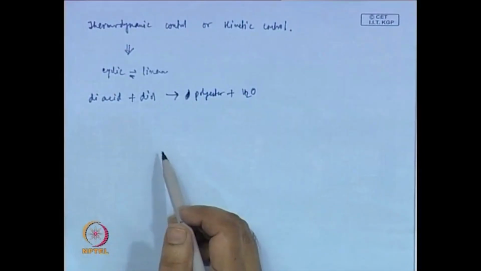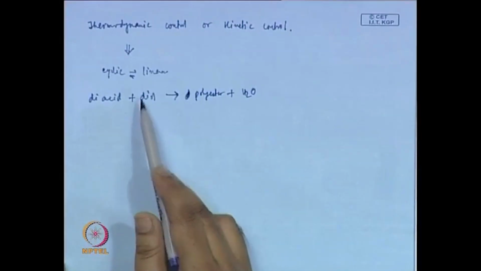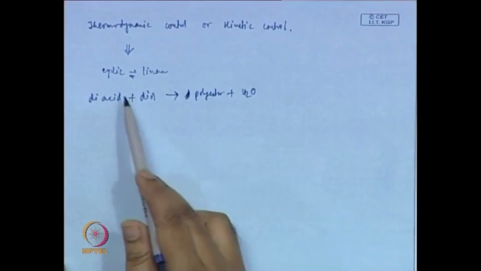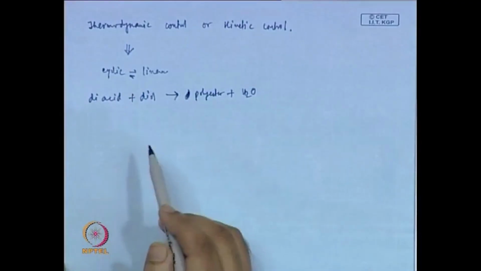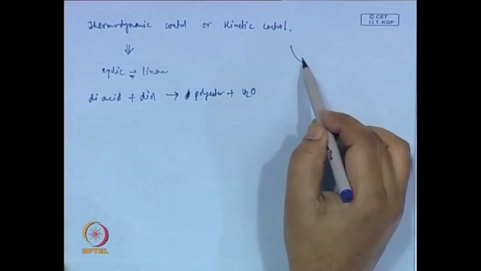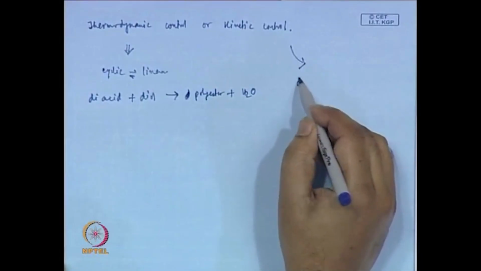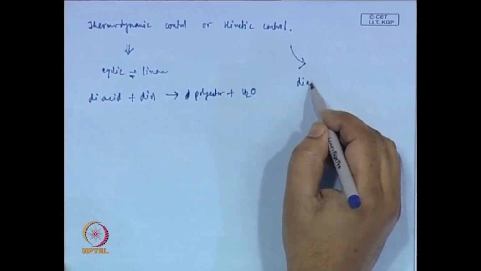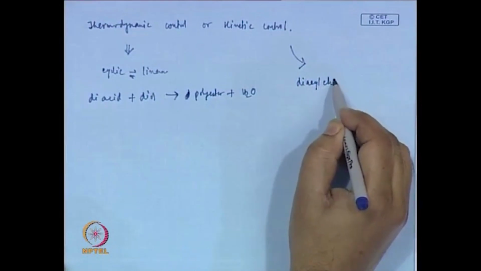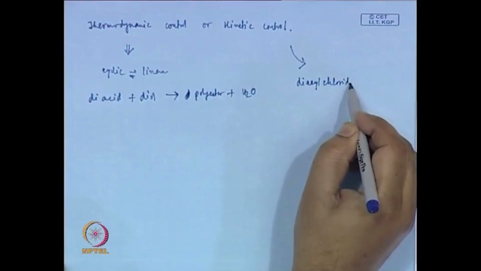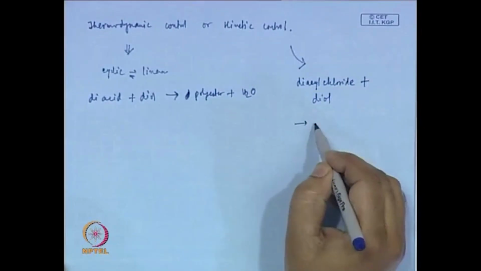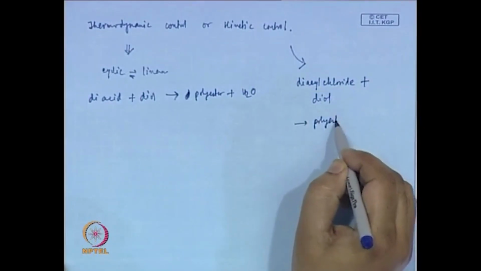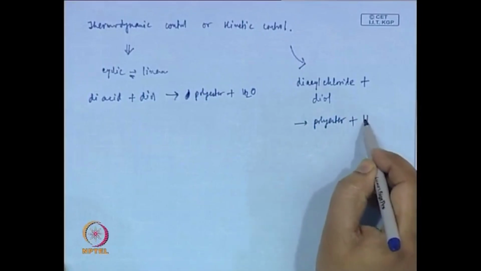So, in this case the reaction proceeds maintaining an equilibrium between cyclic and linear polymerization. In case of kinetic control, as I said, it does not maintain equilibrium. For example, if you have a diacyl chloride plus diol, which forms polyester plus HCl.